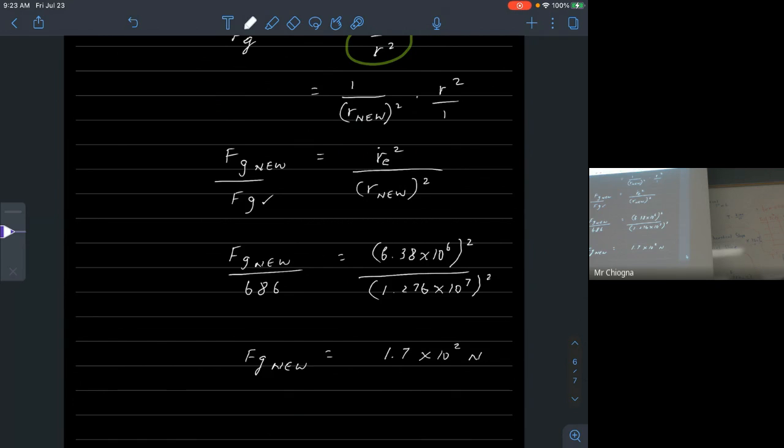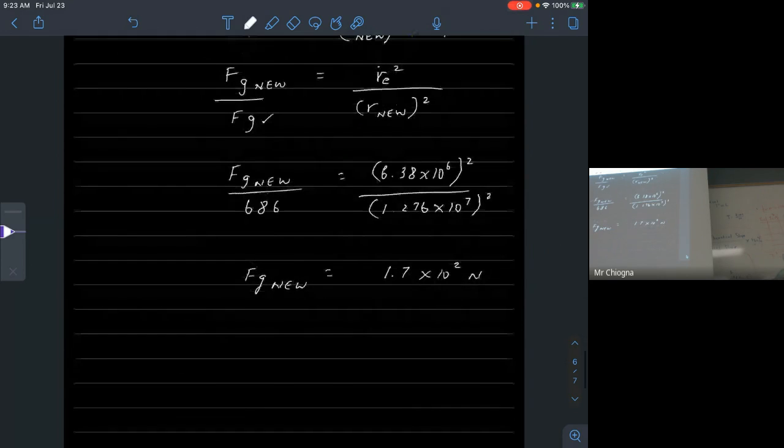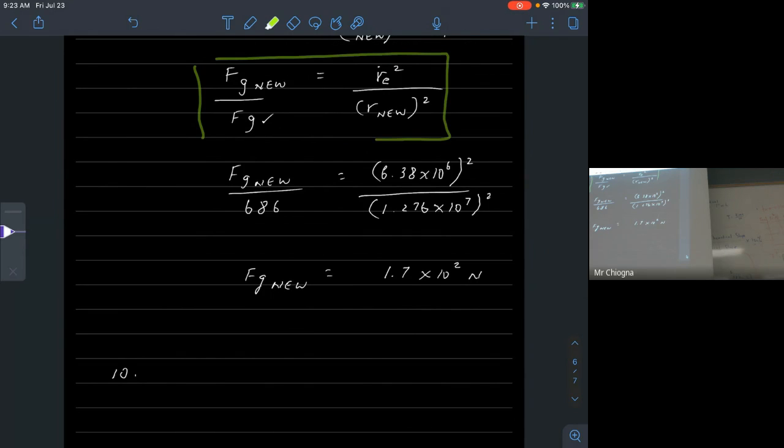Try number 10 and 11. Try those out. Number 10, you can use this equation again.